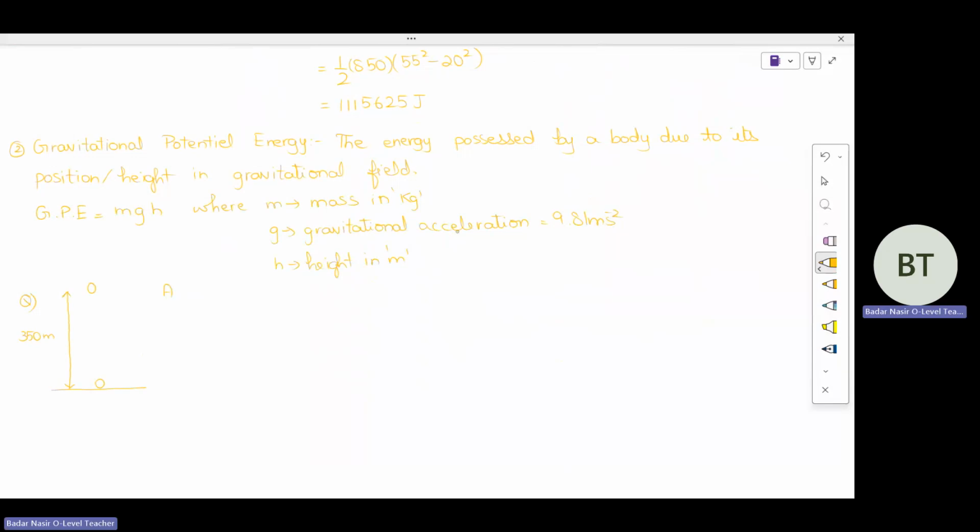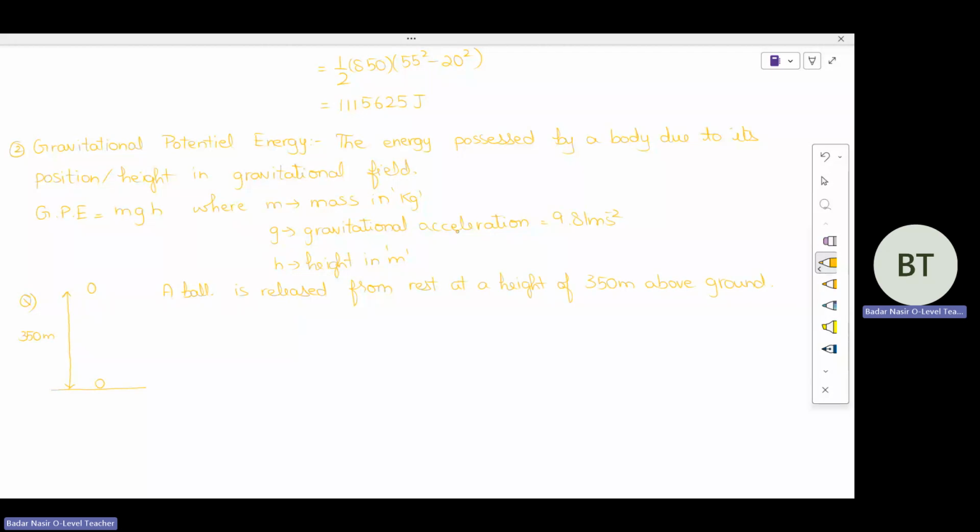A ball is released from rest at a height of 350 meter above ground. Okay, so this is the ball, the ball is initially at rest.